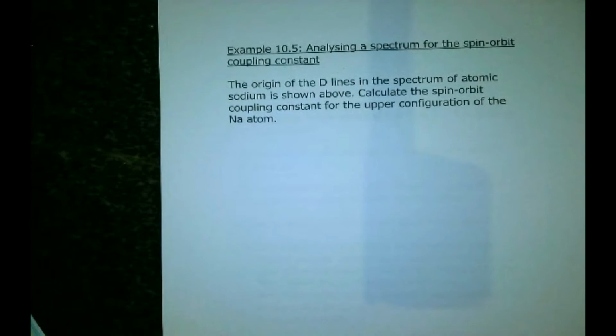So example 10.5 asks us to calculate a spin-orbit coupling constant, so that's the A, for the upper configuration of the sodium atom.